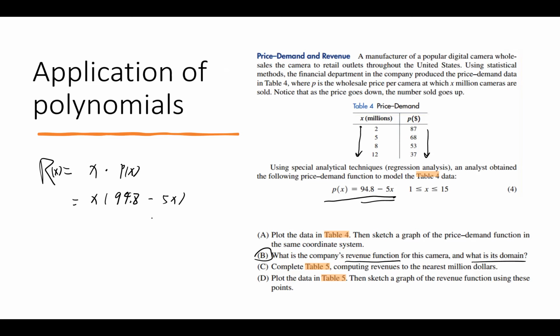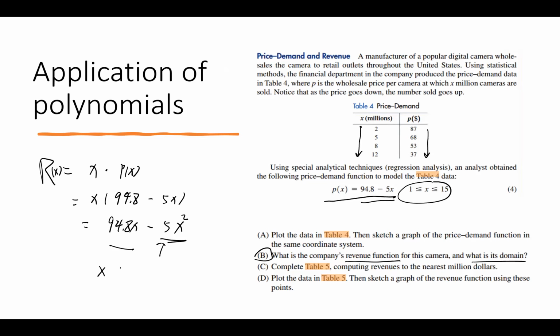And of course, you can easily expand it out: 94.8x minus 5x squared. So this is again a polynomial function because the leading term is x squared and the leading coefficient is -5. We have this additional term here. In terms of domain, the function follows the same domain as given here.